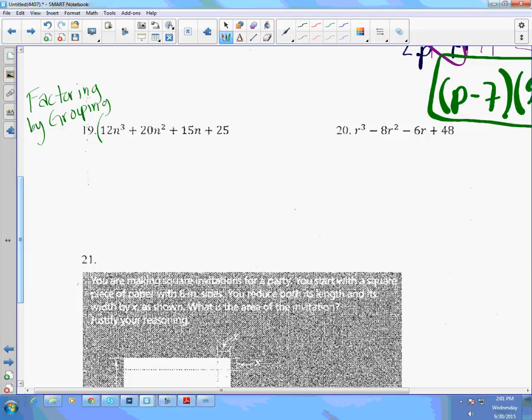What I'm going to do is, as long as it's in standard form, in order, which it is, then group the first 2. Do they have a greatest common factor? Yes. And what is it? I think it's 4. Do I have something else though?